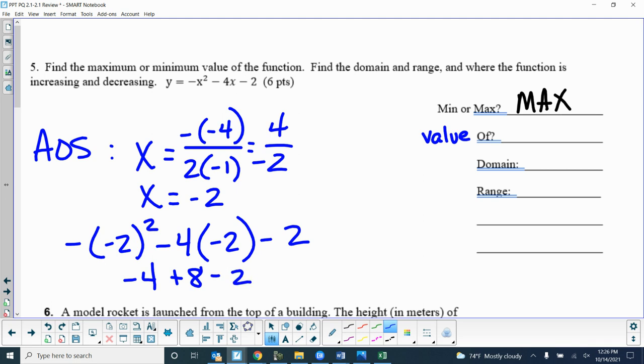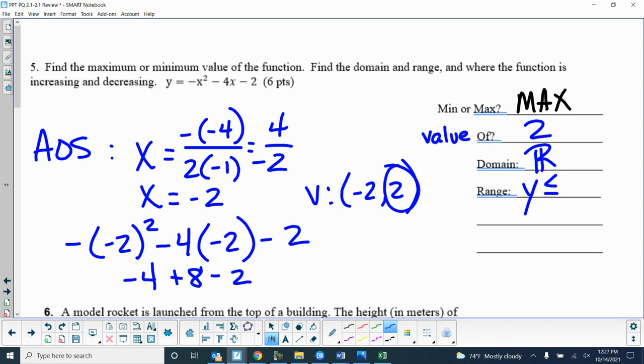So negative 4 plus 8 is 4, minus 2 is a positive 2. So the vertex is negative 2, positive 2. So what's my max value? 2. Remember, the max or min value is whatever the y value of the vertex is. Domain is always all real numbers. Range, since it's a max, is less than or equal to, Rob? 2. All right.